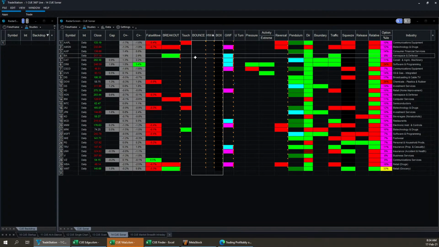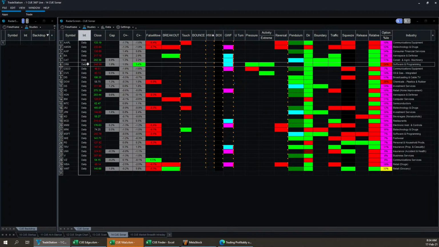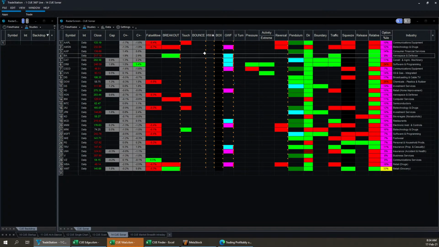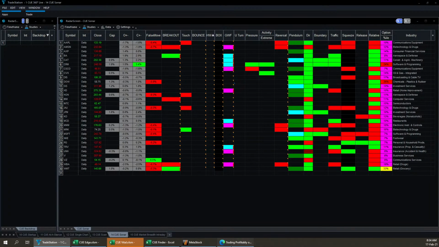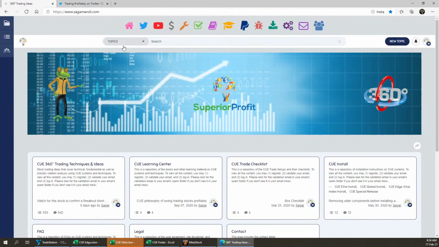Now these calculations are based on the daily interval. TradeStation's radar allows calculation on only one interval at a time. Now go with flow or bounce or headwind, these trade setups have checklists. Let's look at the checklist.